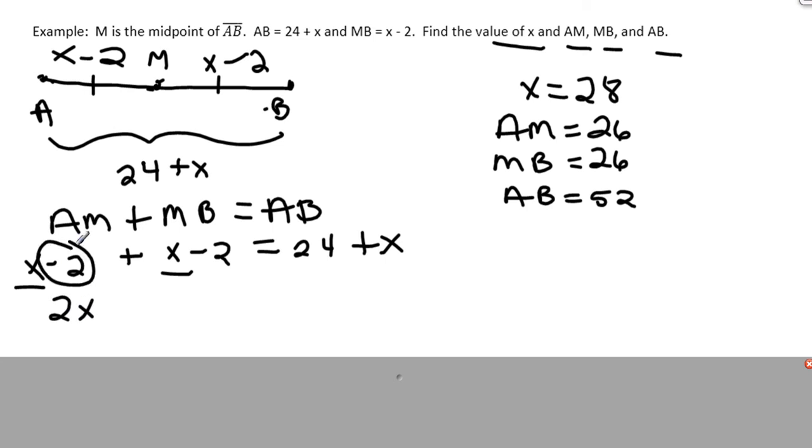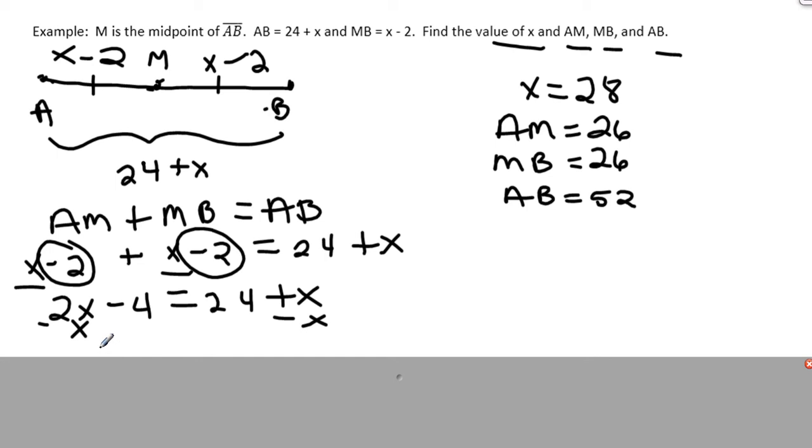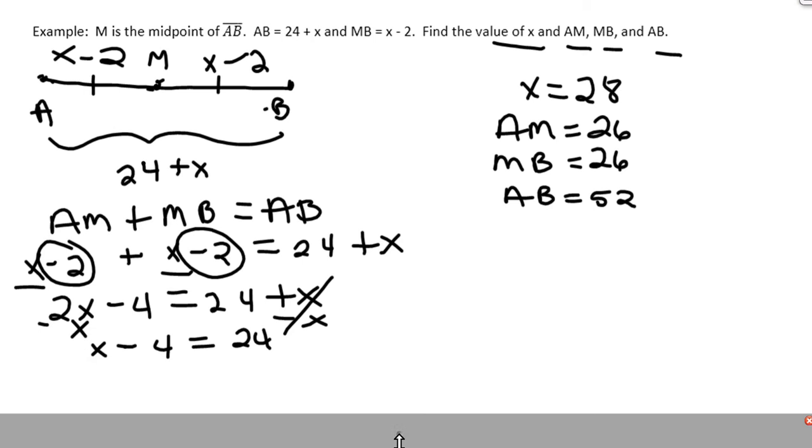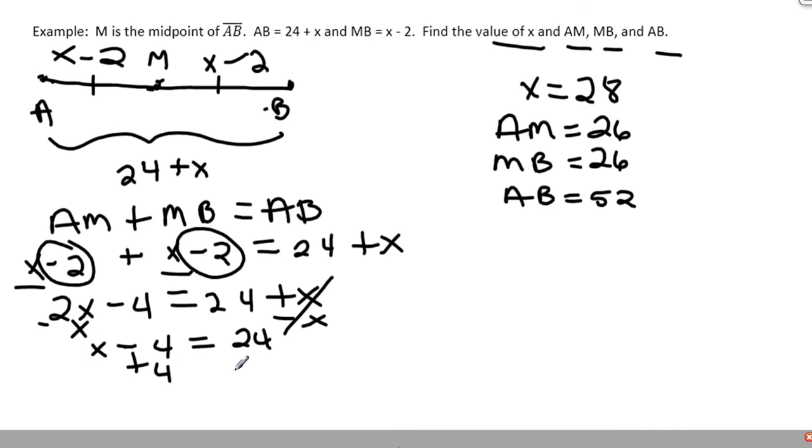A negative 2 and a negative 2, that's a negative 4, equals 24 plus x. Subtract x from both sides, and I get x minus 4 equals 24. Add 4 to both sides. I get x equals 28. So that's my first one.